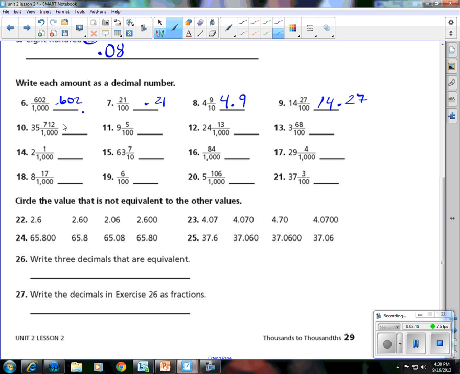Okay, 35 and means the decimal, 712 thousandths. 9 and 500ths, I need a 0 in my tenths spot. 24 and 1300ths, I need a 0 in my tenths spot. 3 and 6800ths. Okay. Let's have you guys pause the video and try the next few and then go ahead and come back and check them.